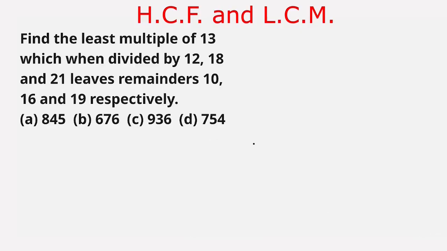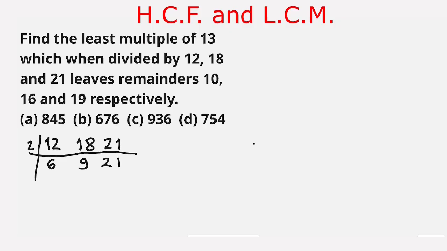We first find the LCM of the given numbers 12, 18 and 21. We divide these numbers by 2. 2 divides 12 six times, 18 nine times, and we write 21 as it is. Now we divide these numbers by 3. 3 divides 6 two times, 9 three times, and 21 seven times.